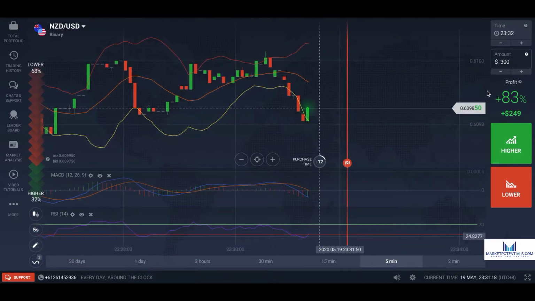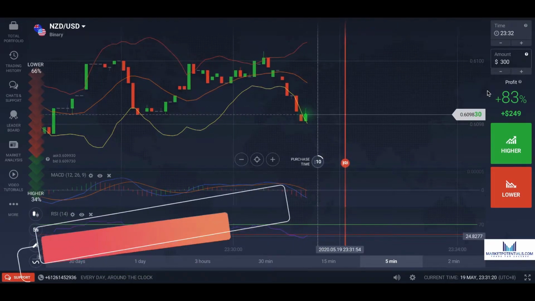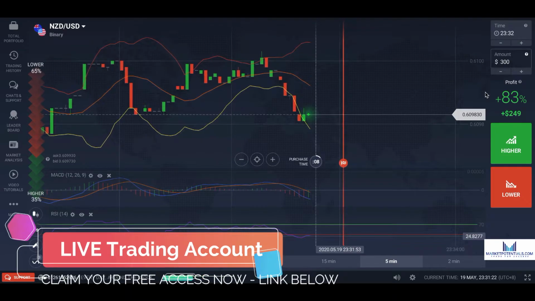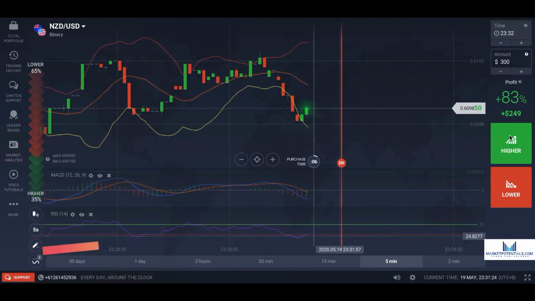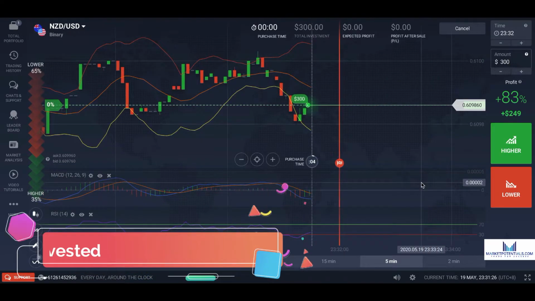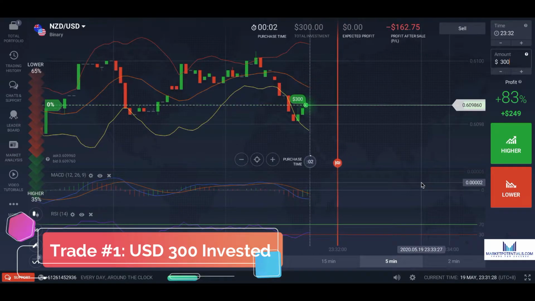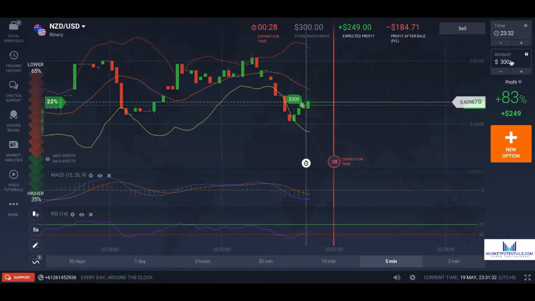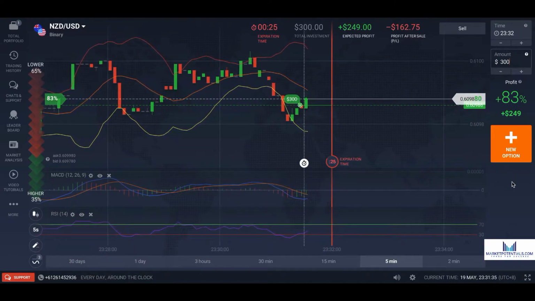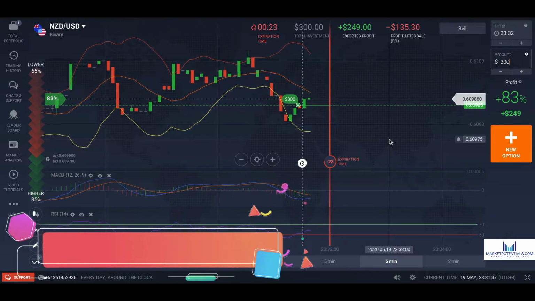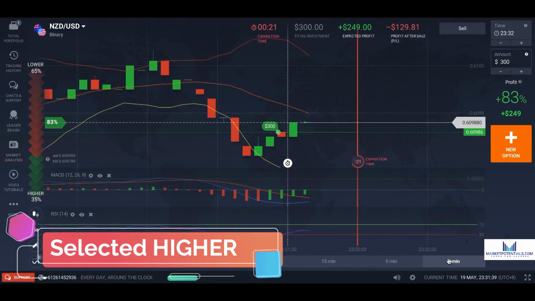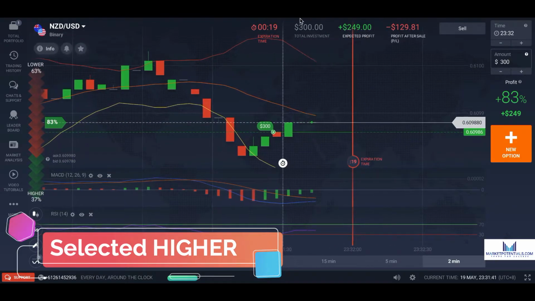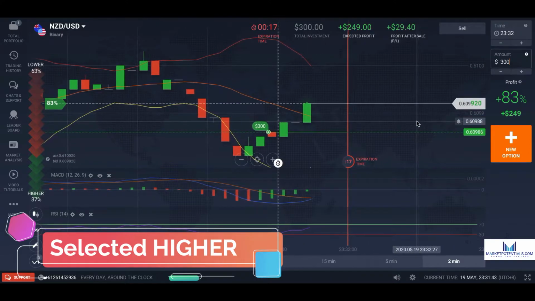Now, as I did mention, it's a live trade, so forgive me if I just stop talking to you for a bit and enter into a trade, which I just did here. As you saw, I put in $300. This is the amount that I'm trading with, and I selected the higher button. Now I am in the trade, as you can see the expected profit and the expiration line here that came up.